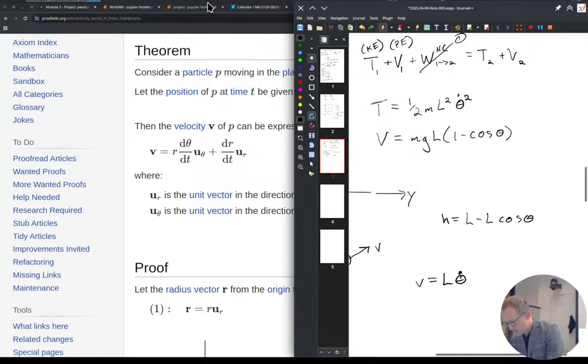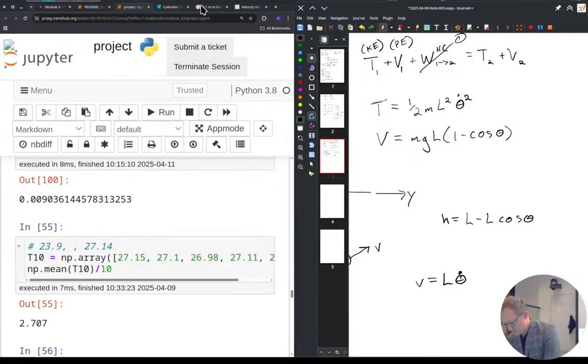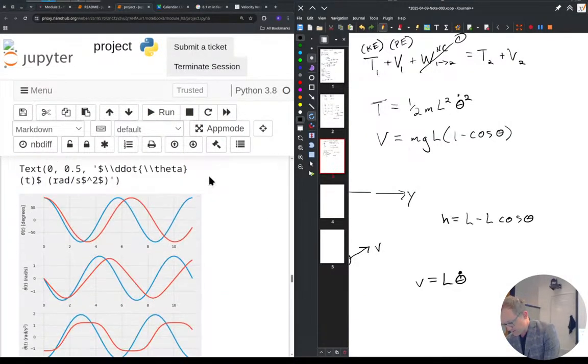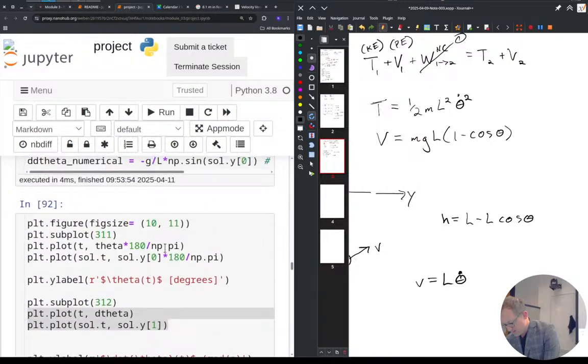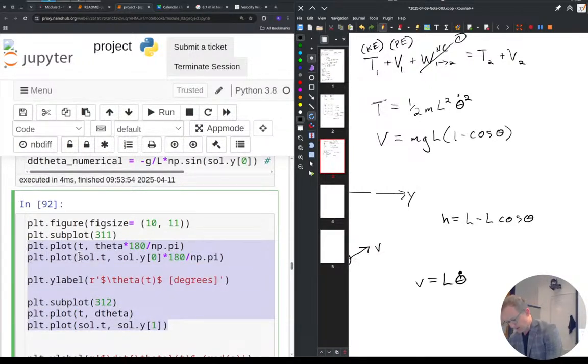And let's go back up here. I'm just going to grab the variables that are theta and d theta dt.